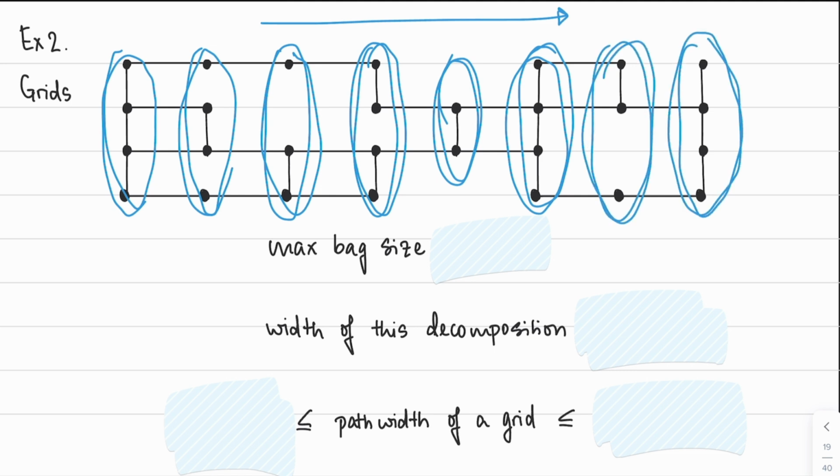So that's, roughly speaking, a proposal for a path decomposition. Here our bags are going to be x1, x2, x3, x4, x5, x6, x7, and x8.